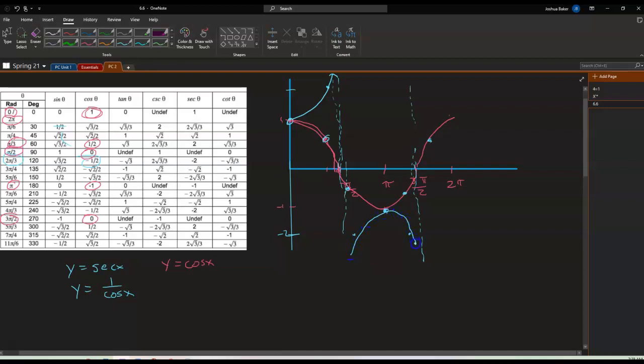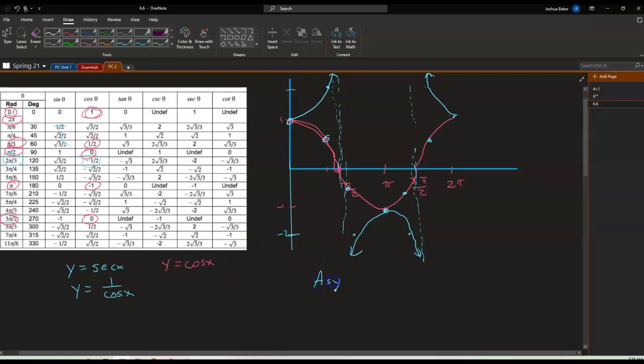So the graph is going to do something like this. Here, the reciprocal of 1/2 is 2, and the reciprocal of 1 is 1, and so the graph looks like this. You can see how it takes that pink cosine graph and turns it kind of inside out.